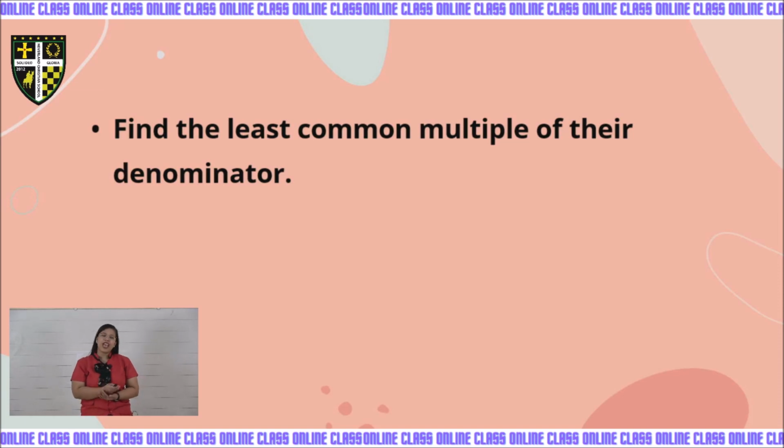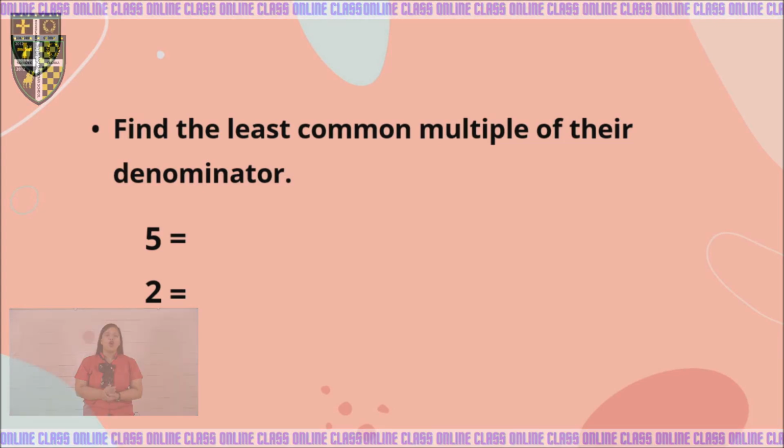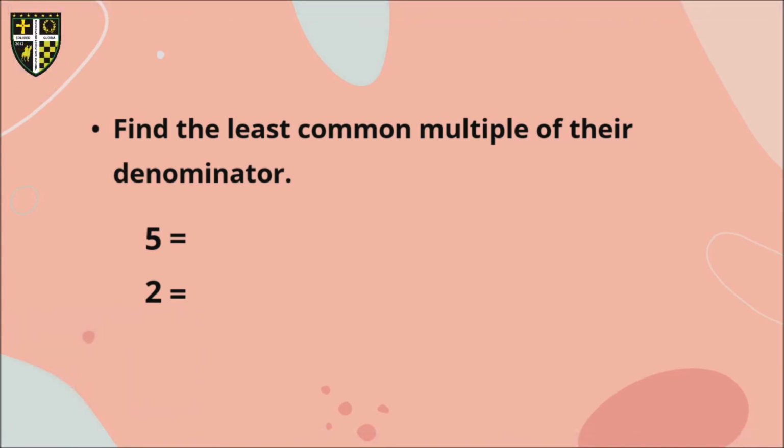We have different steps in subtracting fractions. First one is find the least common multiple of their denominators. When we are talking about least common multiple, these are the skip counting. We have 5 and 2 as their denominators. Let's list down first the multiples of 5: 5, 10, 15, 20.